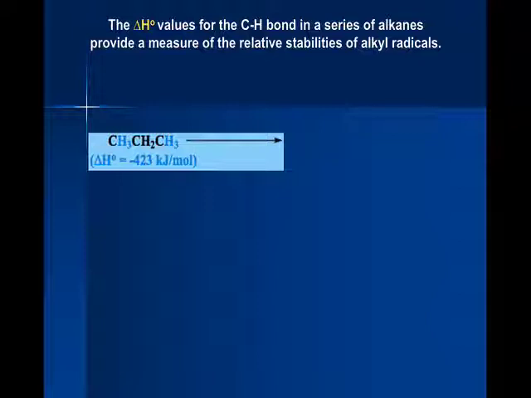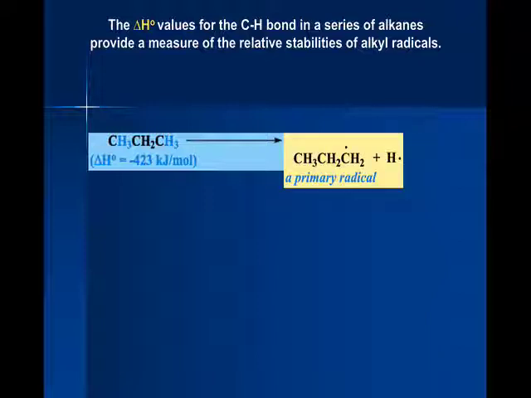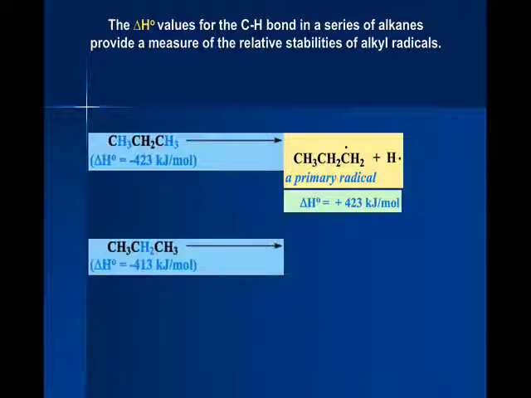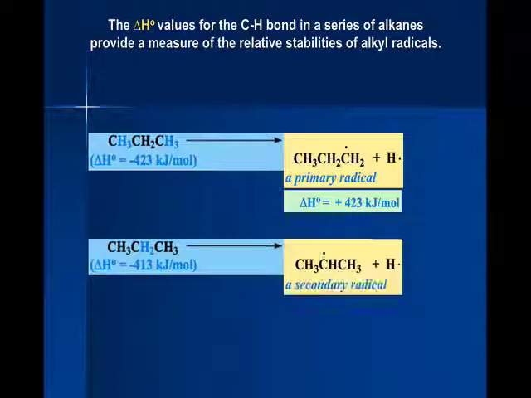What kind of hydrogens are those? Those are primary hydrogens. And what you'll find is if we abstract a primary hydrogen to generate a primary radical, that takes about 423 kilojoules of energy per mole. If you look at secondary hydrogens, to get a secondary radical, what do you notice about the energy? Higher or lower? Lower.